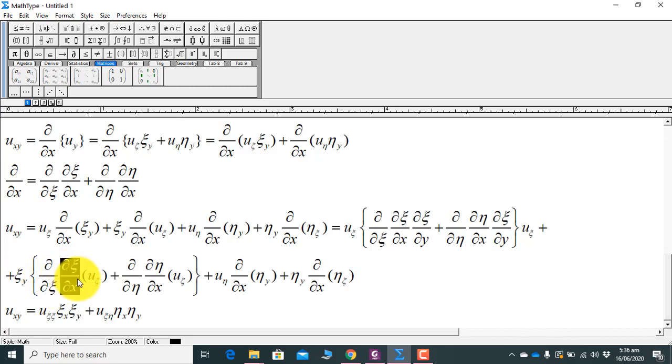Because xi x is there, this is a partial derivative, and xi y is there, the only derivative you can take is u xi xi. So the total answer is u xi xi, the double derivative, and the second quantity is partial u xi over partial x, partial xi over partial y.